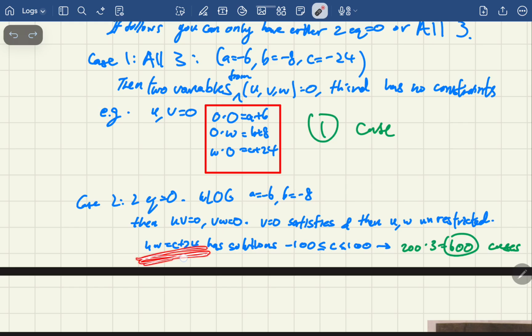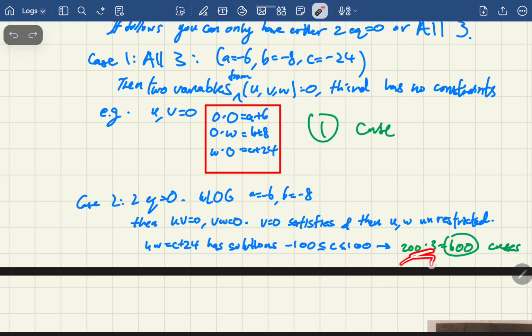That means uw equals c plus 24 has infinitely many solutions, given any c. So c can be anything from negative 100 to 100, except for negative 24, right? Because that just leads to the previous case.